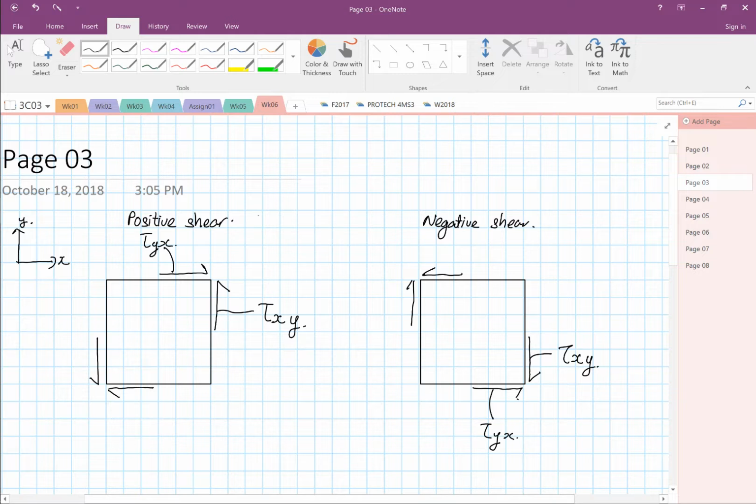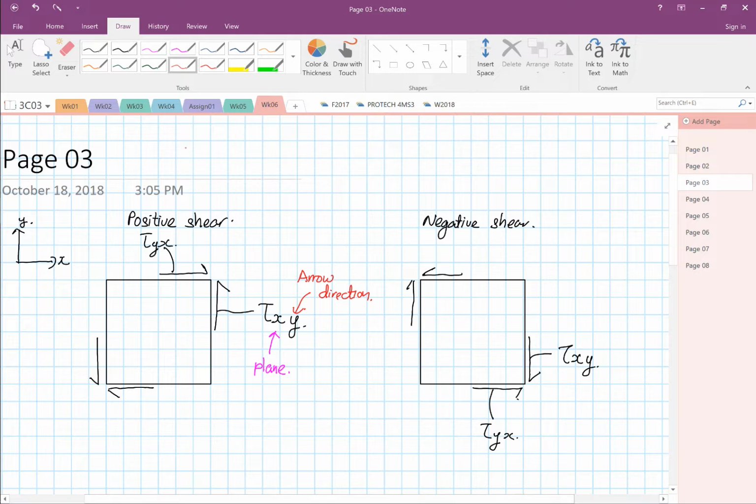So the first subscript is the plane, and the next one, the y over here, is the arrow direction.